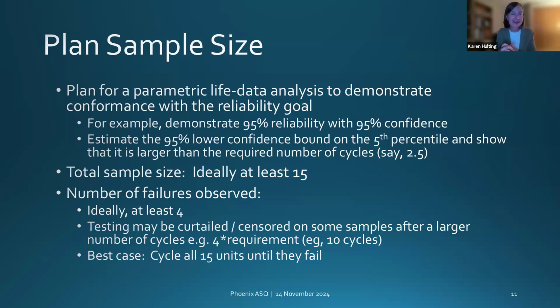And then the next thing that I need to negotiate is how soon this test can be curtailed, right? When can we give up? If we're trying to test these units to failure, my best case there on the bottom of this slide is, I would love it if we could cycle all 15 units all the way until they fail.